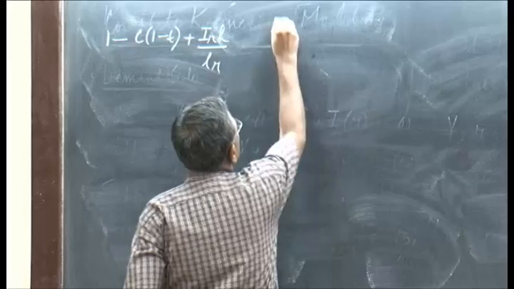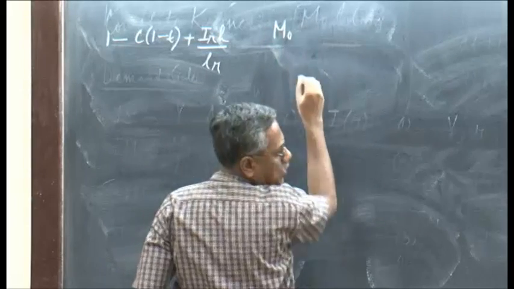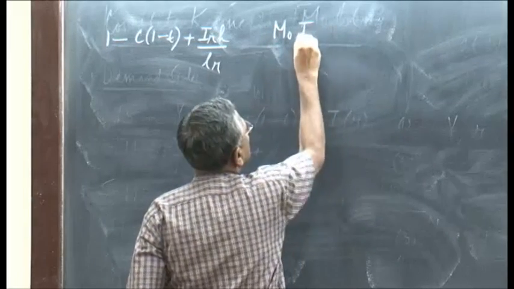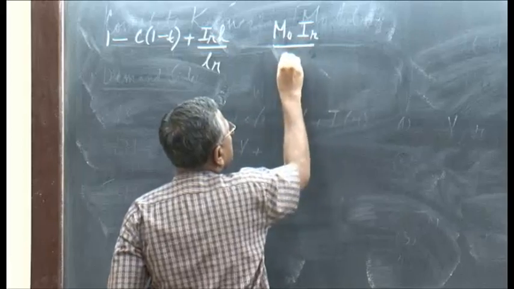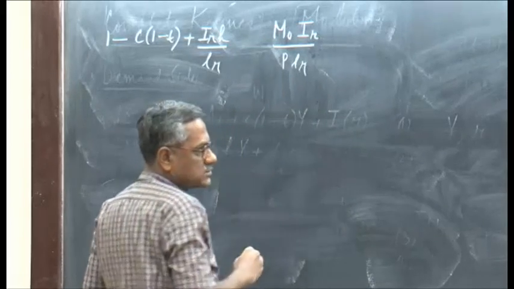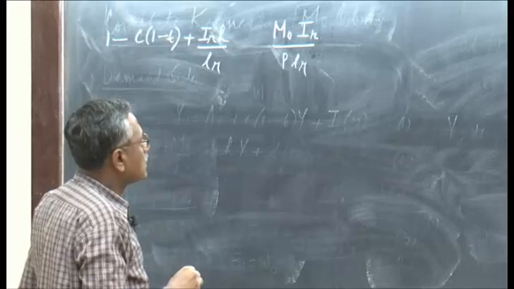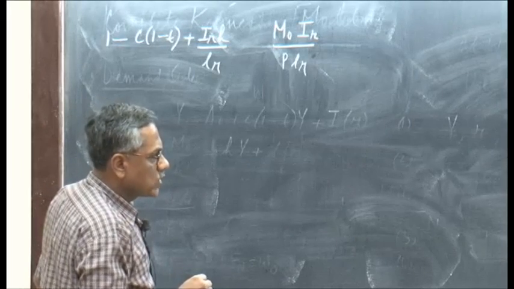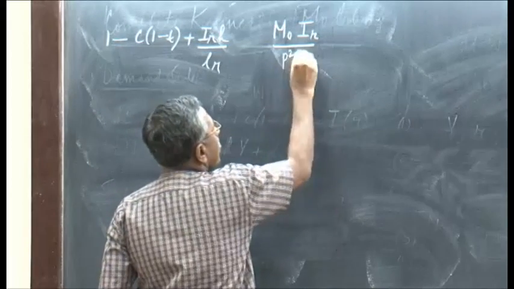M naught IR over PLR from the first equation, 5. I have p square there, okay, p square.